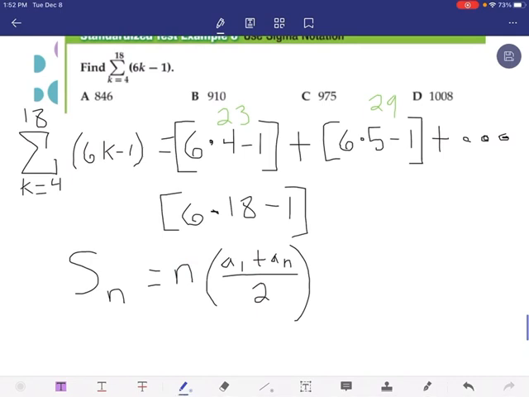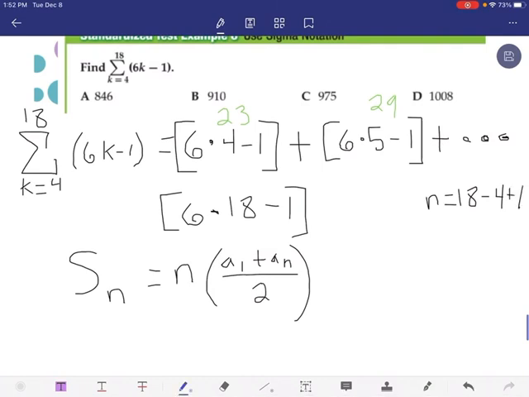Okay, now notice that I know that I'm going to start at 4, I'm going to go all the way to 18. So if I wanted to know how many numbers are in between 18 and 4, I would do 18 minus 4. But be careful, because if I just did 18 minus 4, I'm looking at how many numbers are in between 4 all the way till I get to 18.